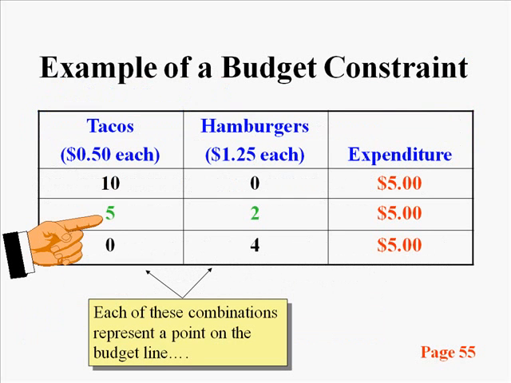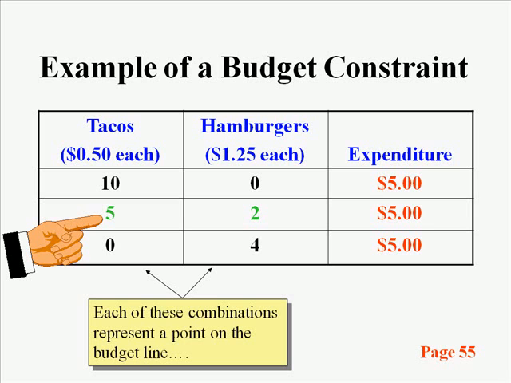So here's going to be our example. If we have tacos at 50 cents each and hamburgers at $1.25, I want to know, if I don't spend any money on hamburgers, how many tacos can I get? So I'm going to take 5 divided by 0.5, and that's going to give me 10 tacos.